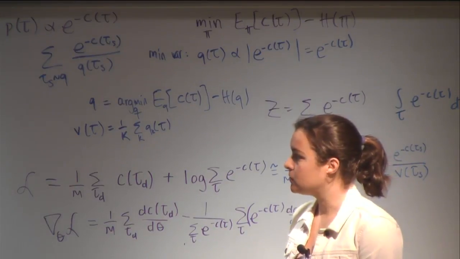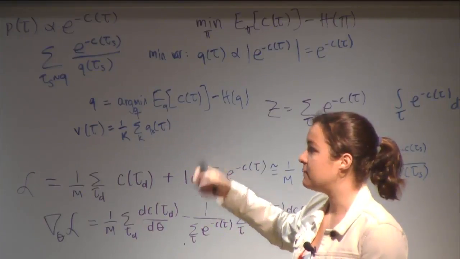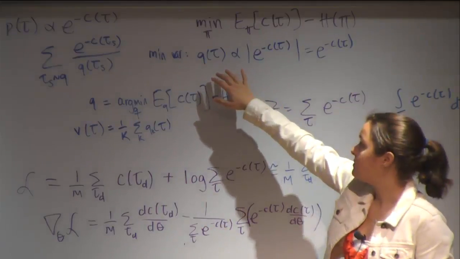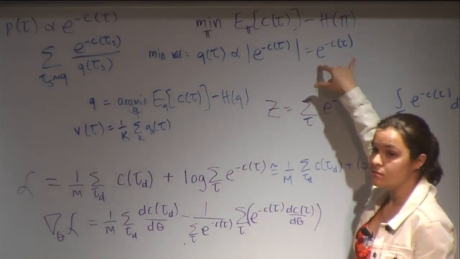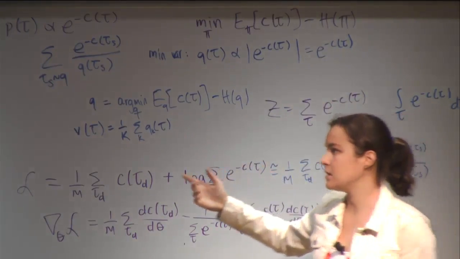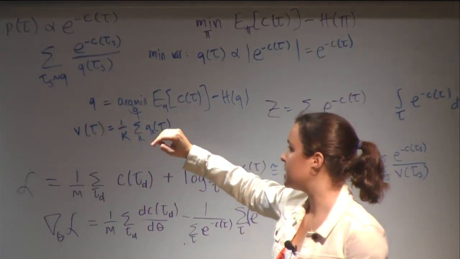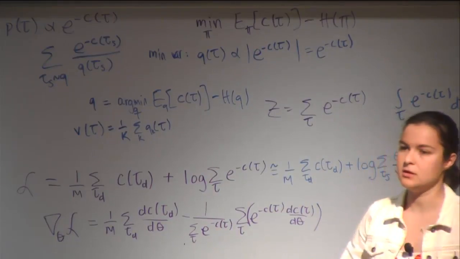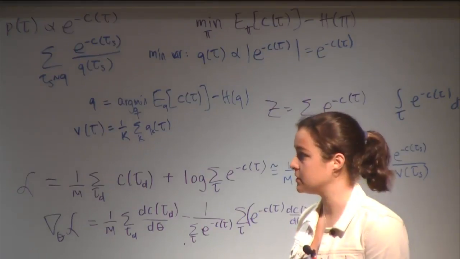You iterate that, and eventually at the end of the algorithm, q of tau should be e to the negative c theta, and the cost will be iteratively approaching the true cost function using this importance sampling estimator.